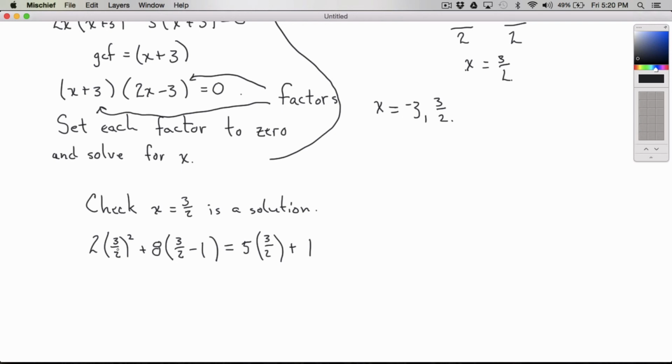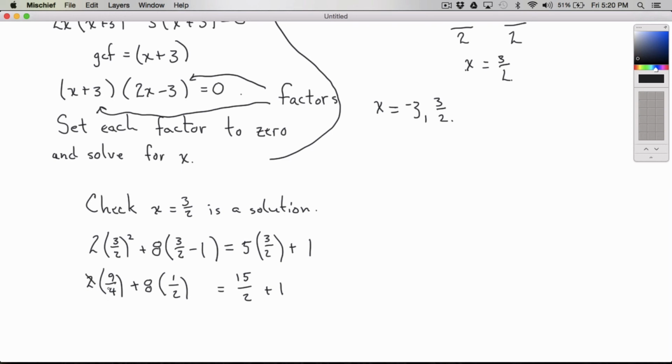I'm going to multiply these out, so I have 2 times 3 halves squared is 9/4 plus, this is going to give me an 8 times, if I take 3 halves and I subtract 1, remember that 1 is 2 over 2. So 3 minus 2 is 1, so this becomes 1/2. And I want to see if that's equal to 5 times 3 halves, that's 15 halves plus 1.